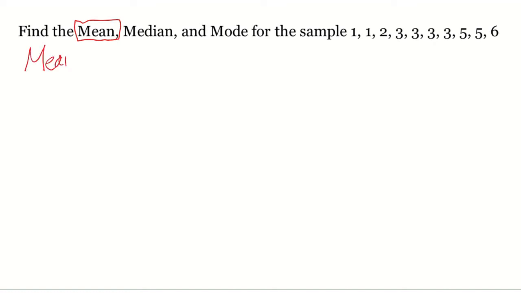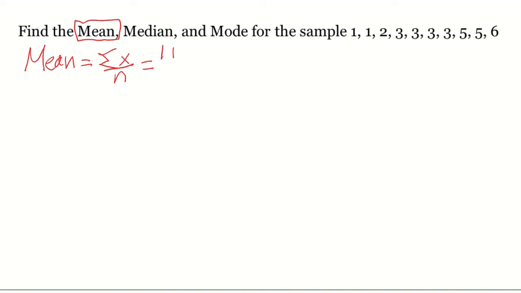So the mean is going to be the average or center value of all of our data. The way that we calculate this is we get the summation of all of the data points and divide it by the sample size. To get the summation of the data points, all that means is we're going to take all of these data and add them together.